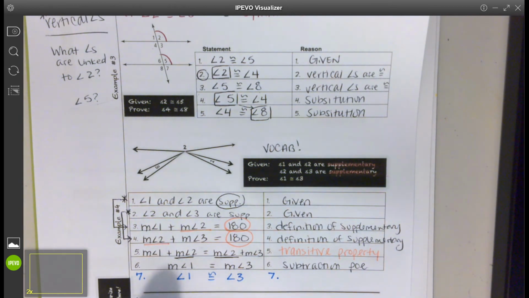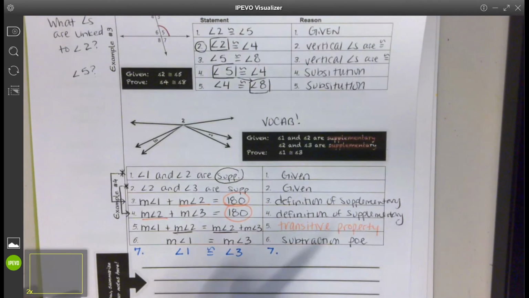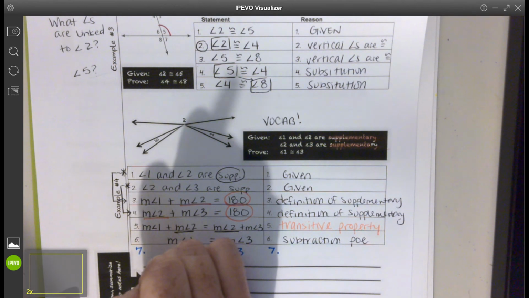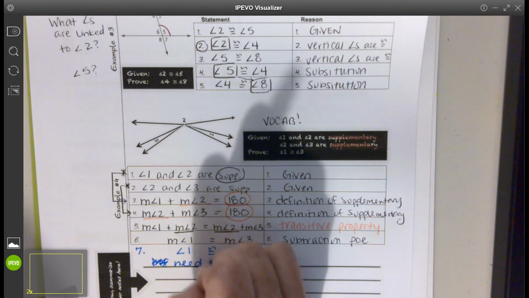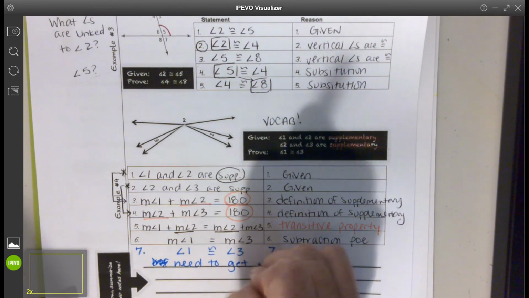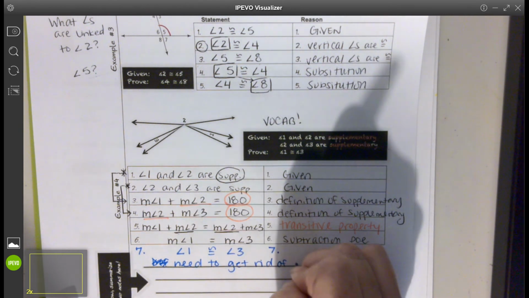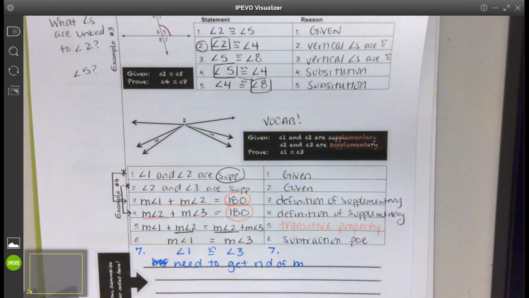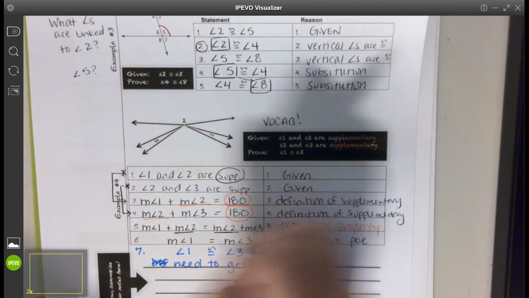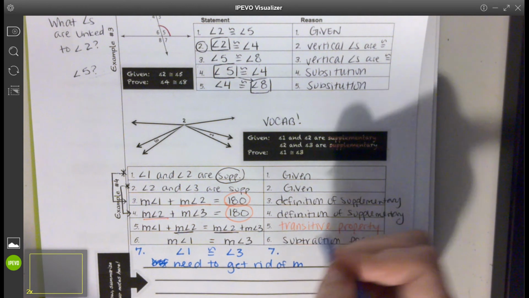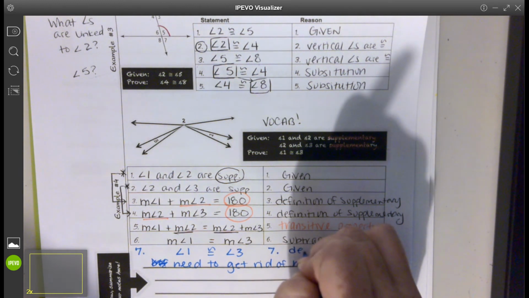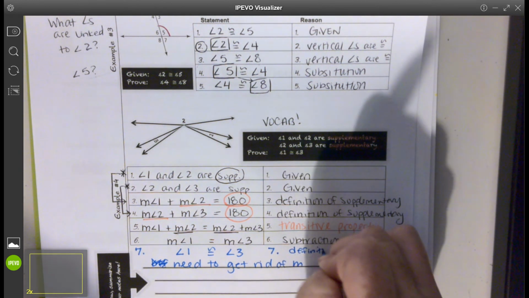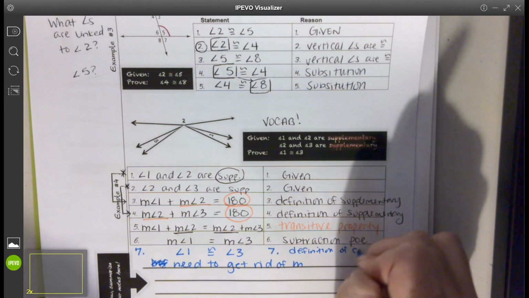We needed to get rid of that M. Remember, M stands for the measure of. So we need to get rid of M. And to do that, we're just dropping in that congruency symbol, and that is definition of congruence.